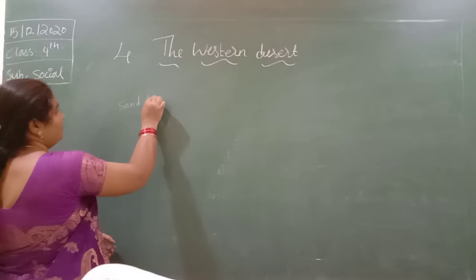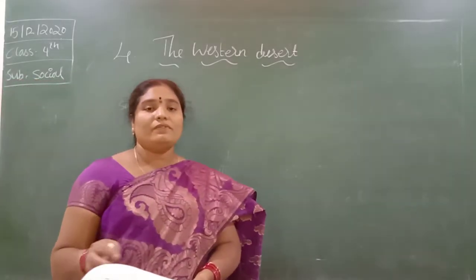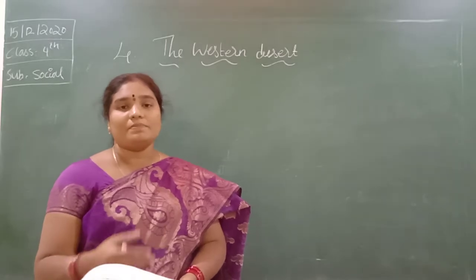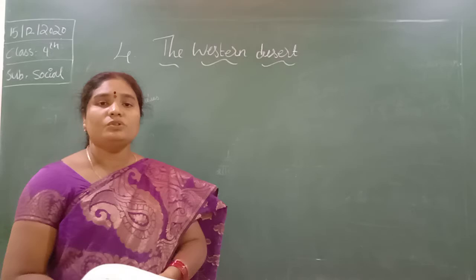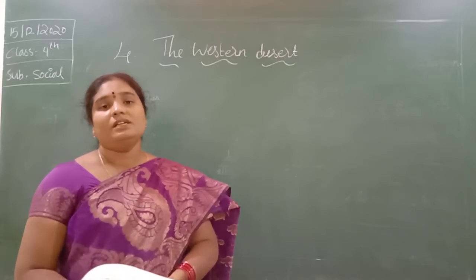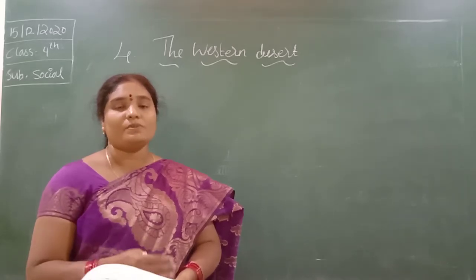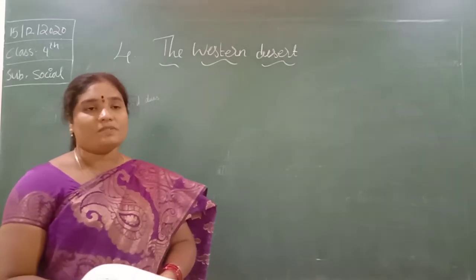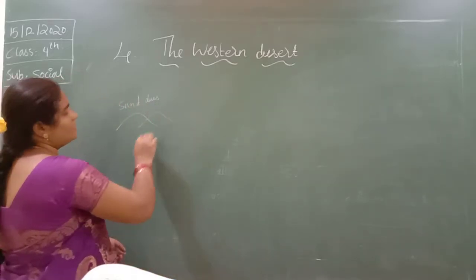When the storm wind blows, the wind carries the sand and forms the sand dunes. These sand dunes shift from one place to another due to the storm wind. Sand dunes, what are the sand dunes? The hills made of sand.